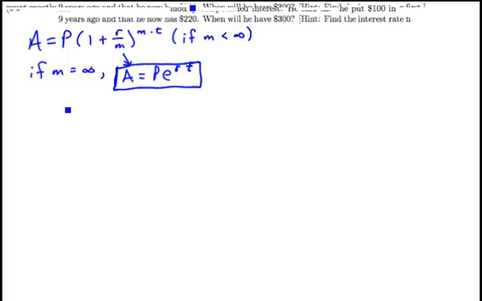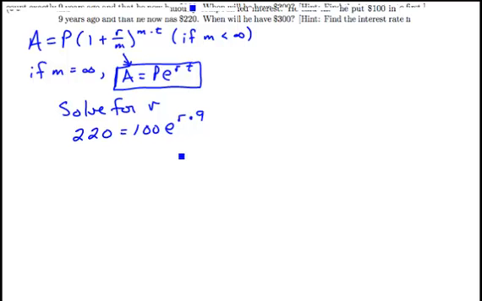So I can solve for r by plugging in everything I know and solving for the one unknown. The amount I'll get out is 220. The amount I'll put in is 100. The time that it's in there is 9. So this is e to the r times 9, and I can now solve this for r.